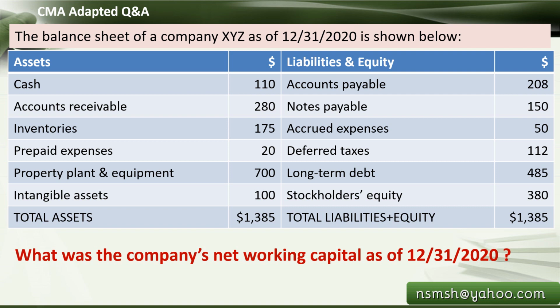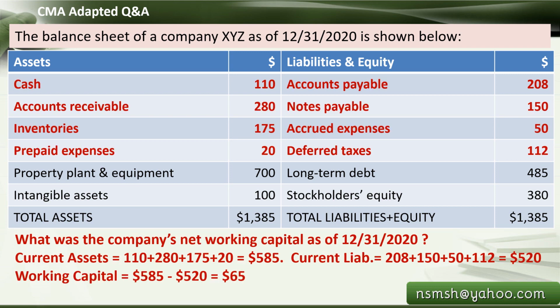So the next question: the balance sheet of company XYZ as of 31st December 2020 is shown below, assets and liabilities. What was the company's net working capital? It's simple, we need to identify the current assets portion and current liabilities portion and calculate the working capital.